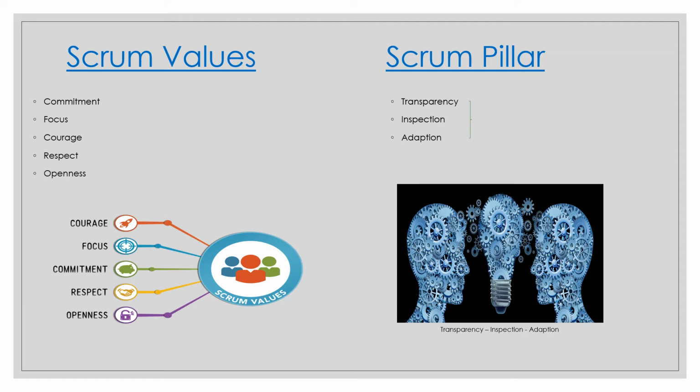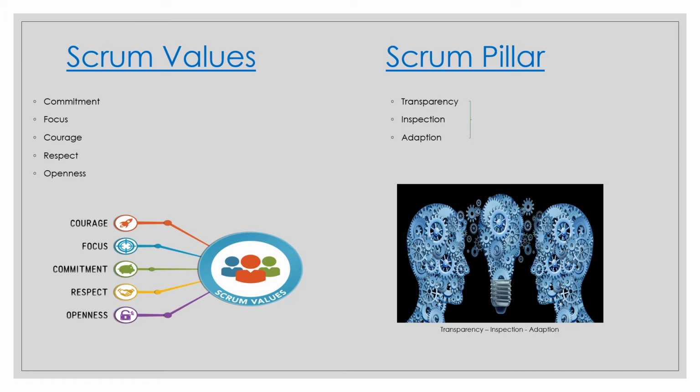This is very important because some organizations do not follow Agile or Scrum fully. There are multiple challenges, like organization culture and environment. So it is very important for a team or an organization to adopt this as a whole, not partially.